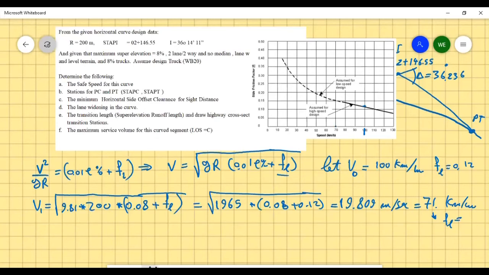For 70, that means 0.15. So let's do another iteration. V2 equals the square root of 1962 multiply 0.08 plus 0.15.